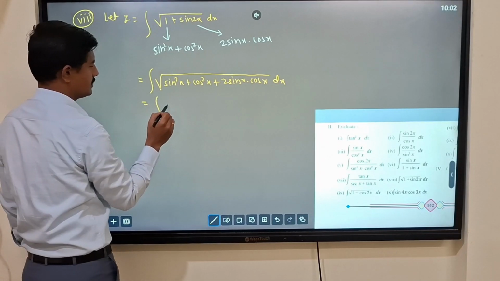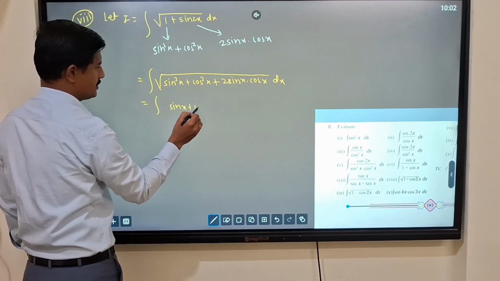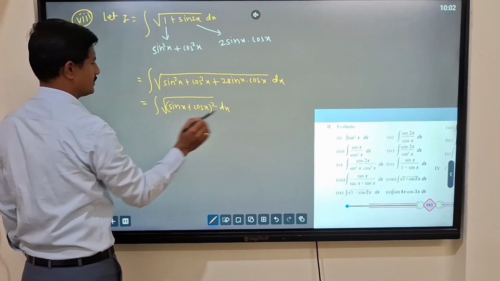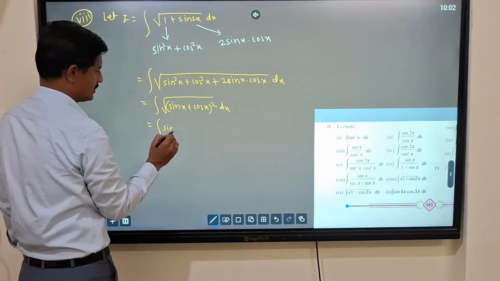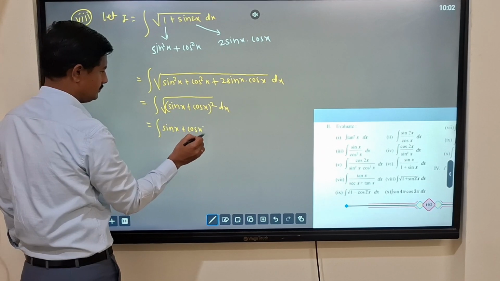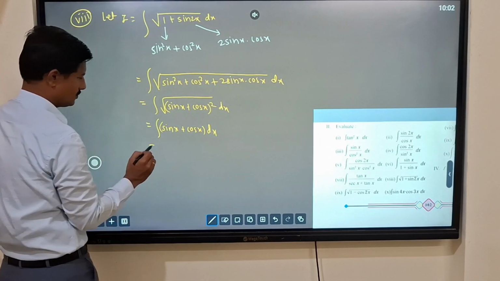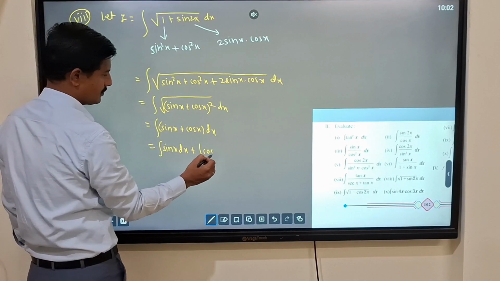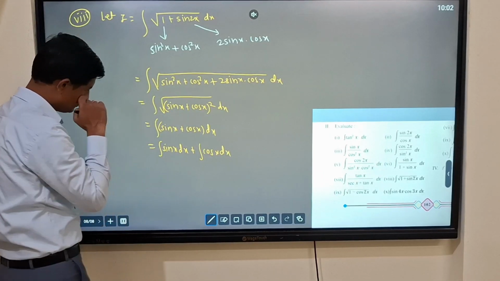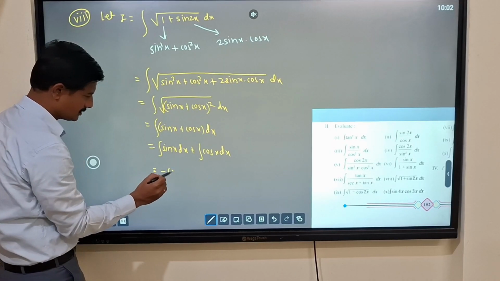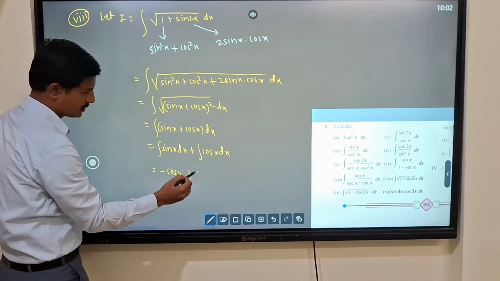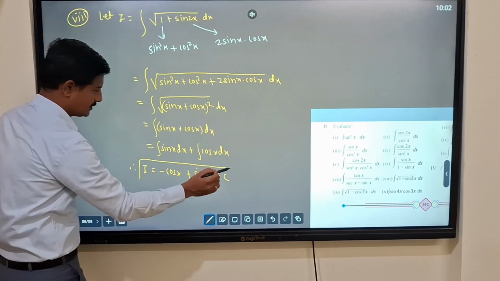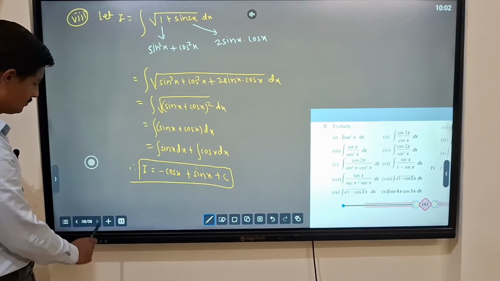This becomes the integration of (sine x plus cos x) whole square, so the integration of sine x plus cos x dx. This becomes the integration of sin x dx plus the integration of cos x dx. The integration of sin x is minus cos x, plus the integration of cos x is sin x, plus c. This is the answer for the eighth one.